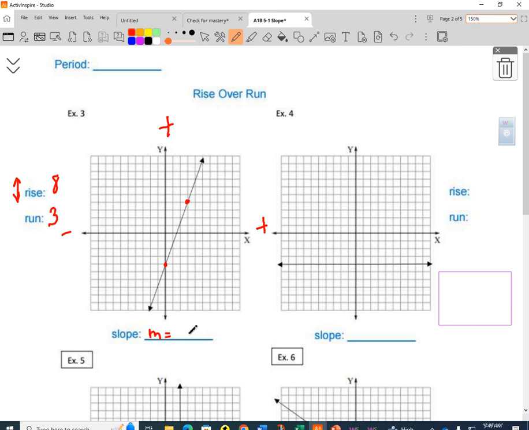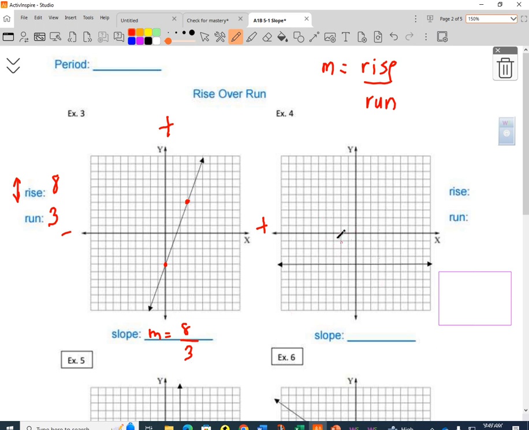To find my slope, I plug in rise over run. So the slope of this line is 8/3.